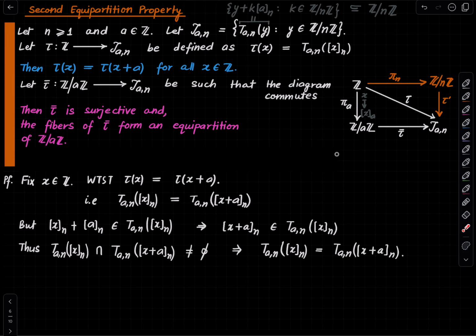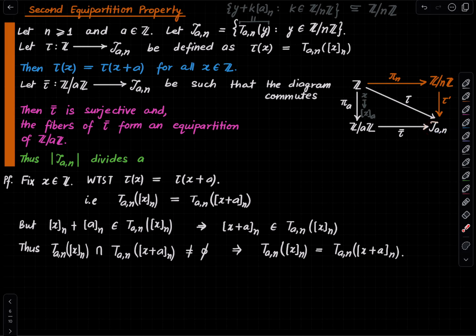We are saying any two fibers you pick will have the same size. And as a consequence of that fact, the size of the set of all fibers will divide A. Why is that? Well, how many fibers are there? As many as the size of this set. Because tau bar is a surjective map, the number of fibers that tau bar affords is precisely the size of the codomain, the target of tau bar.